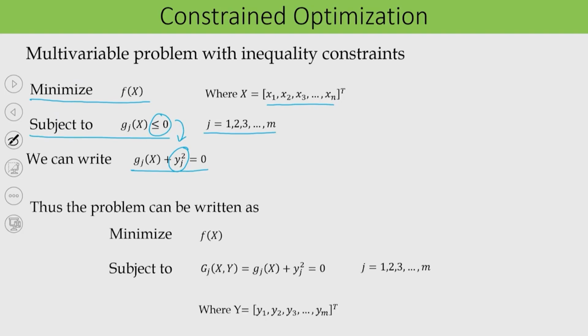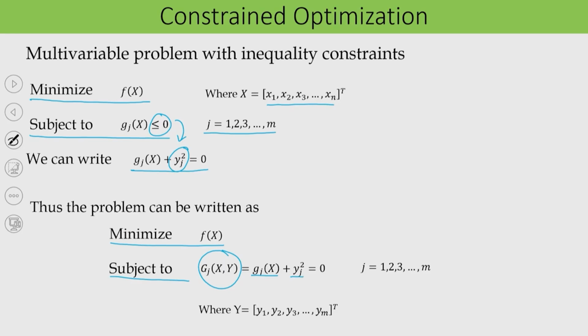If we use this y_j variable, this is a minimization of f(x) subject to, now I am putting this as capital Z_j(x, y). Capital Z is a function of x and y, which is equal to small g_j(x) plus y_j squared equal to 0.